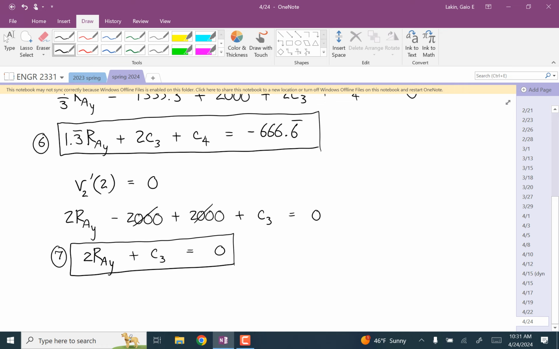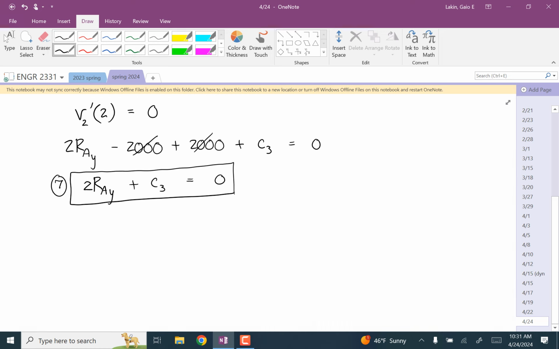So it has to be smooth at that point. Okay, so now we're going to say deflection using cut 1 at an x value of 1 is equal to deflection using cut 2 at an x value of 1.